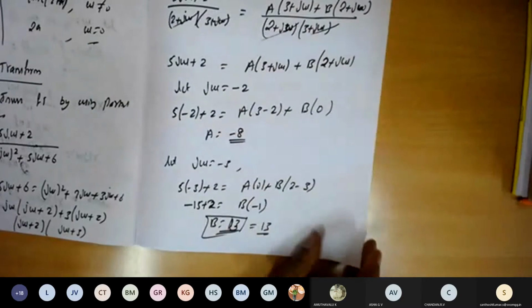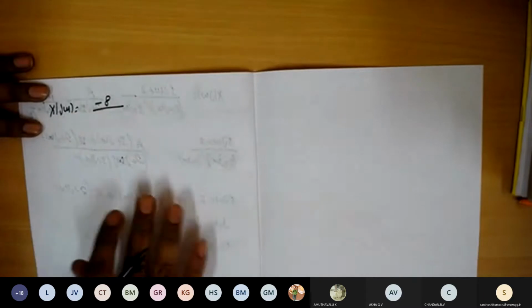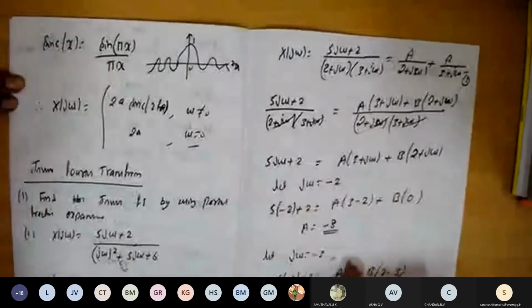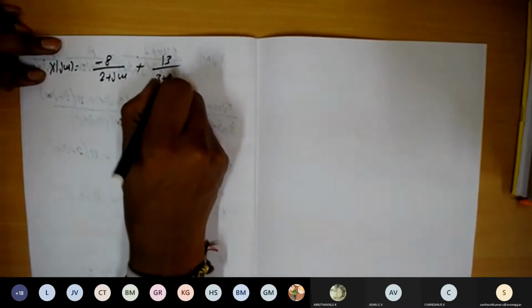So X of j omega will be, with a equal to -8 and b equal to 13, -8 divided by (2 plus j omega) plus 13 divided by (3 plus j omega).